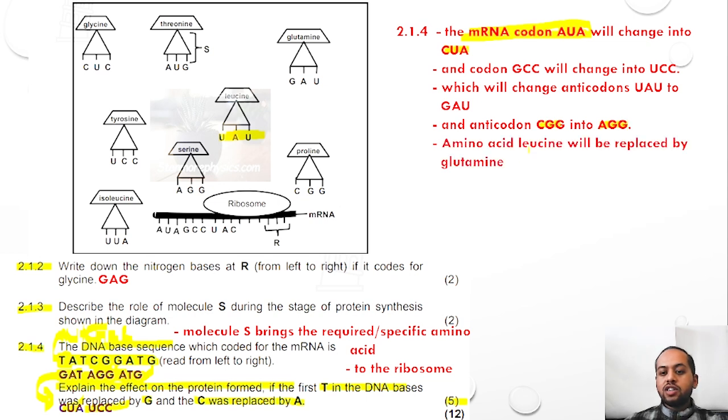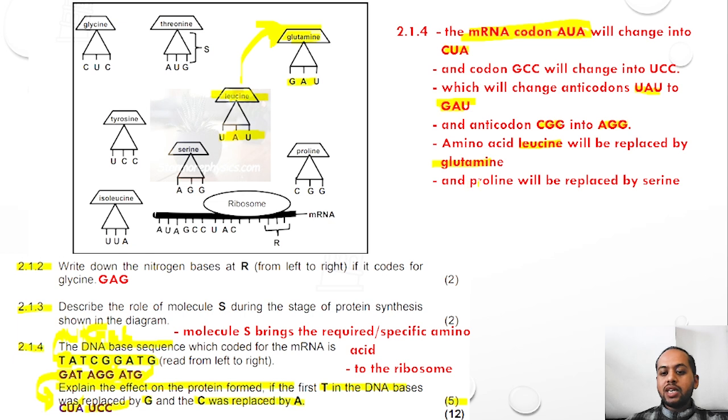The amino acid leucine will be replaced by glutamine. So the initial anticodon, UAU, would have given us leucine, but it changed to GAU, and GAU gave us glutamine. That's why we say the amino acid leucine was replaced by glutamine.